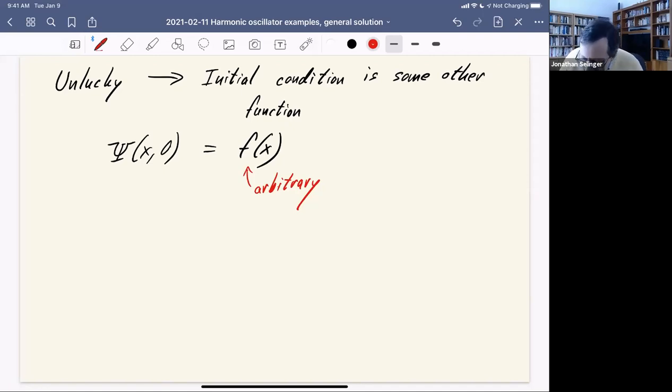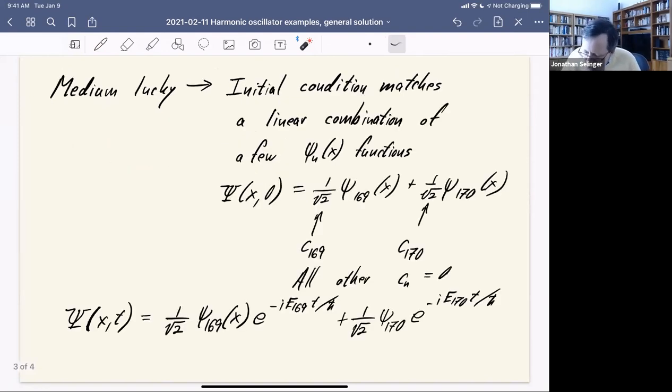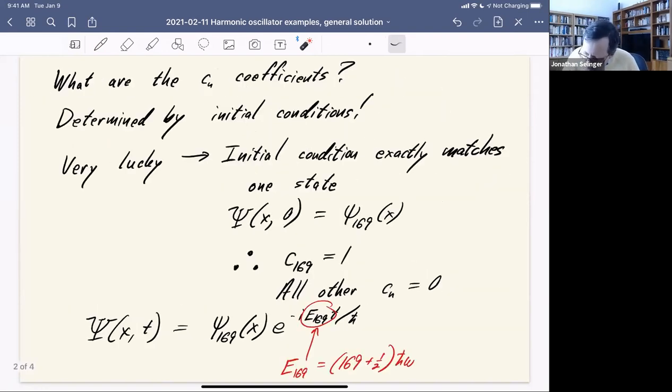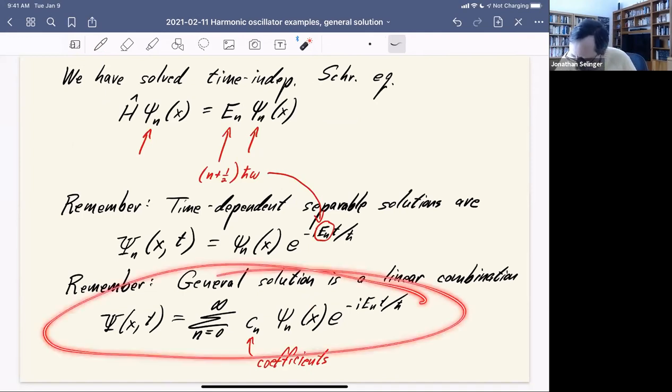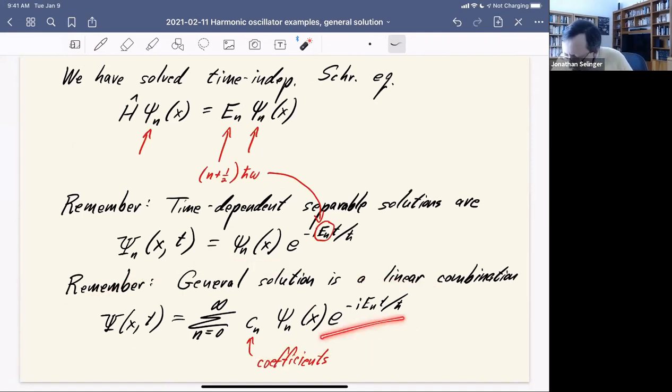Let's write out what is this psi of x and 0. If we take our general psi over here and plug in time equals 0, then this factor is just 1.